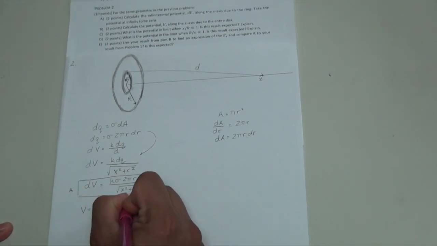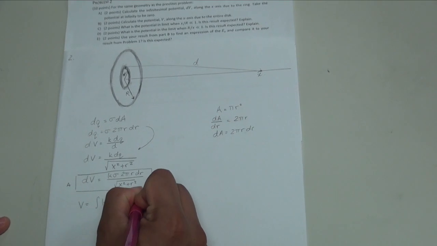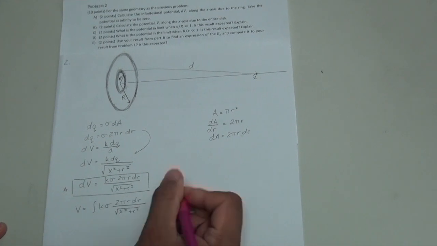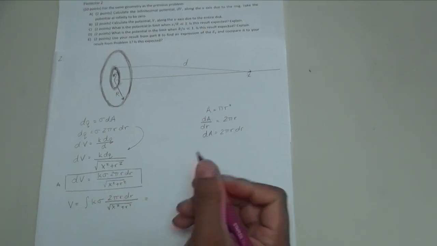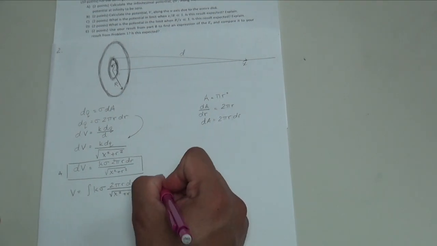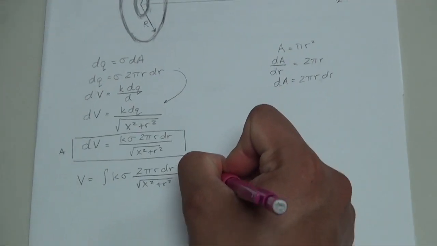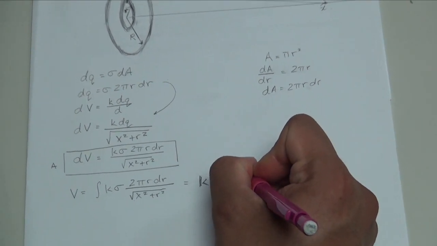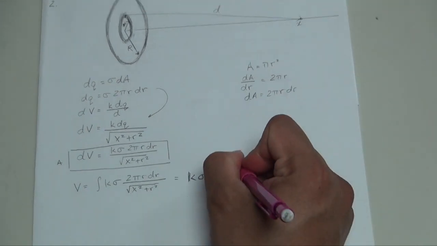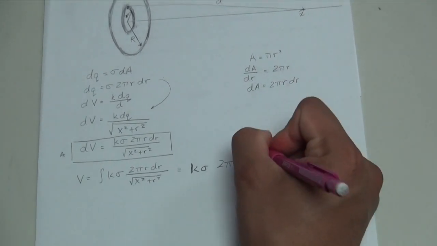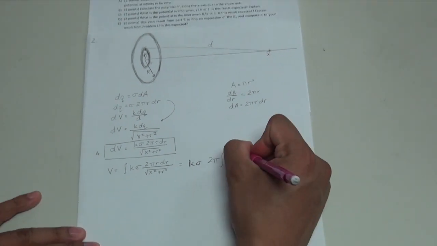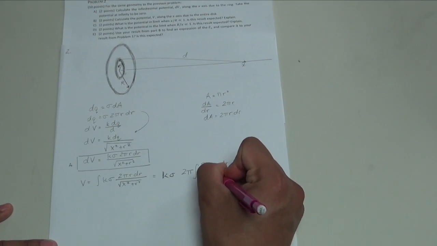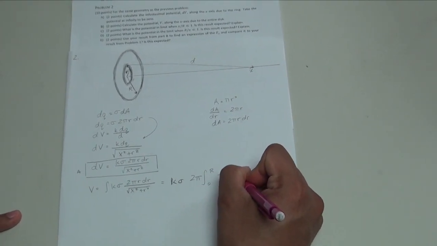So we take the integral of this equation, and we will move all the constants over to the left of the integral sign, and that'll give us k sigma 2 pi, and let us not forget our limits, which will be from 0 to R, and we're integrating this equation here.